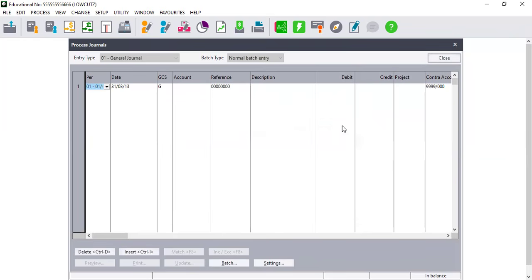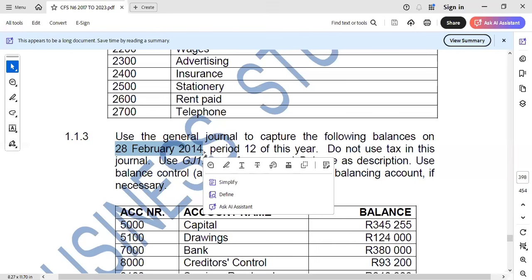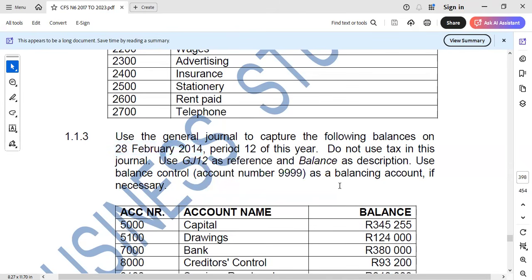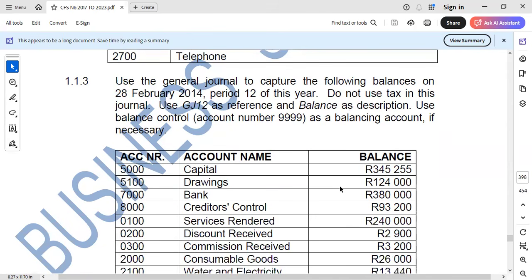That's what we want to report. Now, after that, here they said they want period 12. Make sure that this one matches with this information that they are talking about here. Okay, now it's fine. Let me just end here for now.